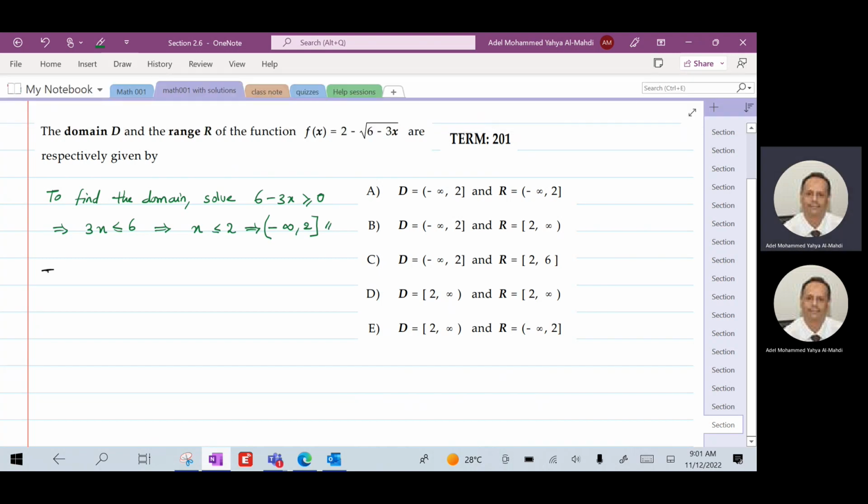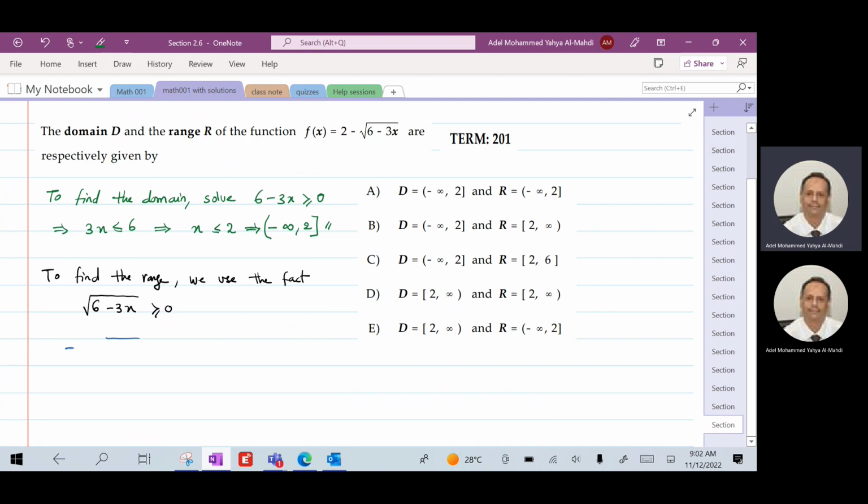To find the range, we use the fact that the root of 6 minus 3x is bigger than or equals to 0. Multiply both sides by minus 1.